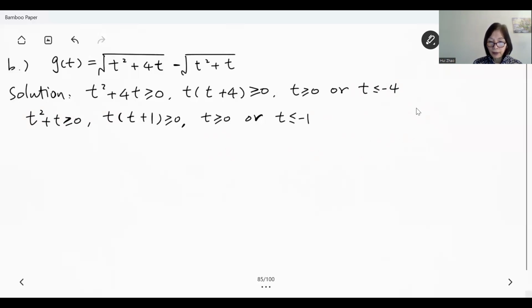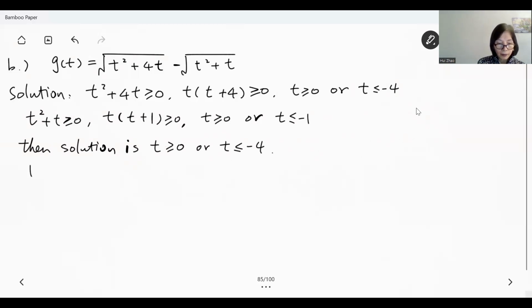We can get the solution: t more than or equal to 0, right? And the left side is t less than or equal to -4, right?